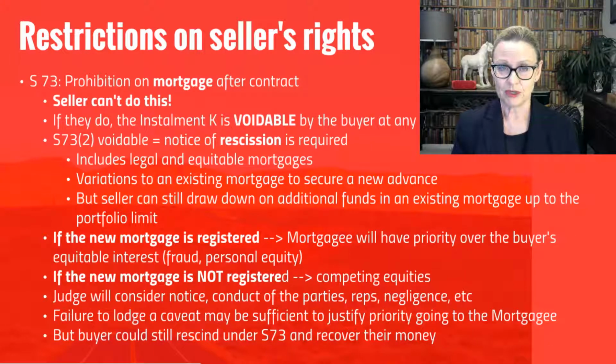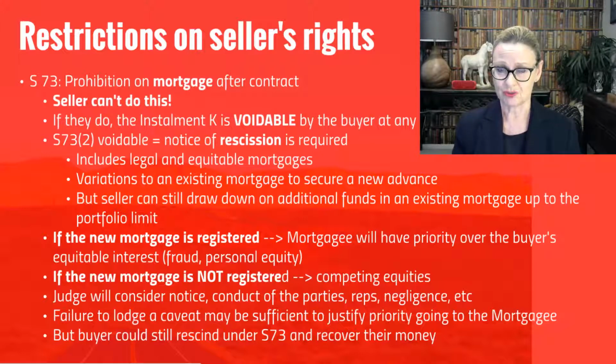If the new mortgage to the subsequent buyer does end up getting registered, then the subsequent buyer is going to have indefeasible title. So unless there's one of the exceptions to indefeasibility, like fraud or personal equity, they're going to prevail over the original buyer.